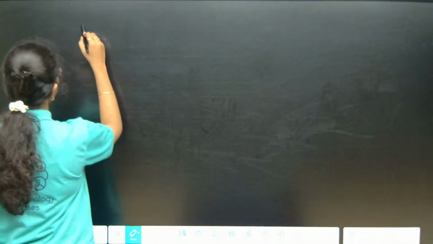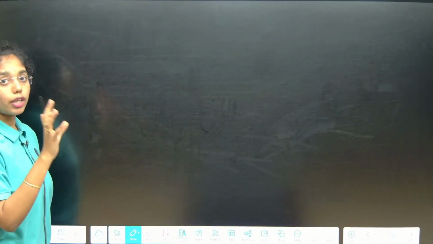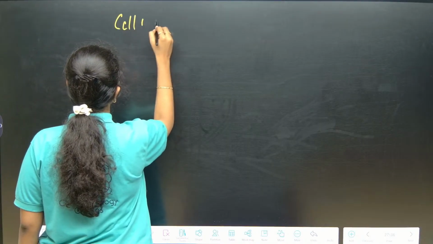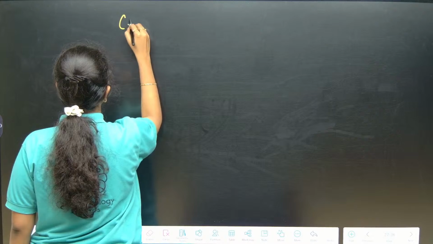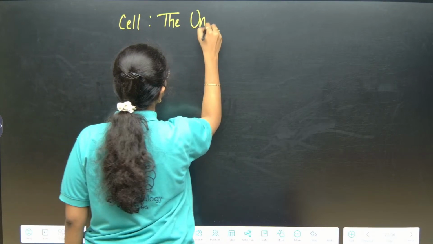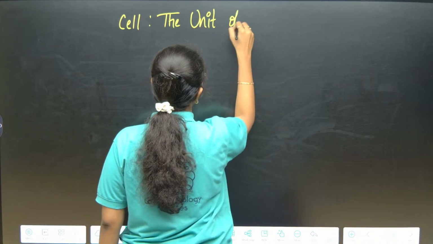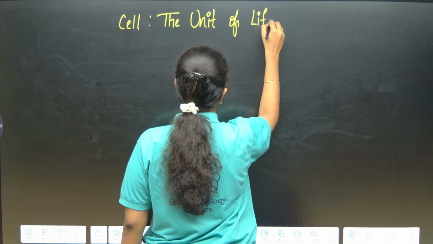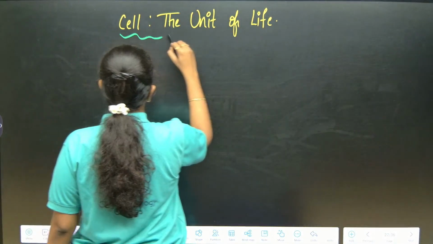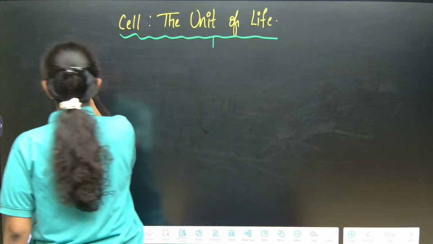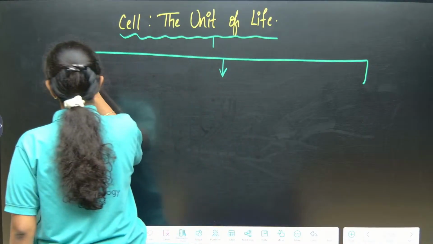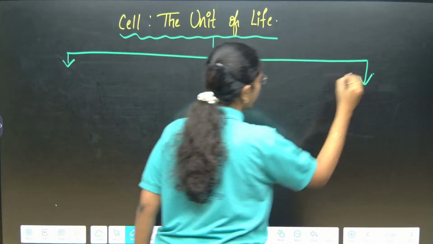How you have to learn this chapter in detail? Okay, Cell the Unit of Life. First, let us look into the framework of this chapter. From Cell the Unit of Life, you have to fragment this chapter into 3 areas.